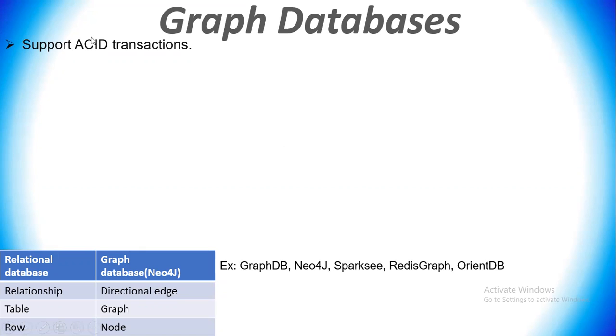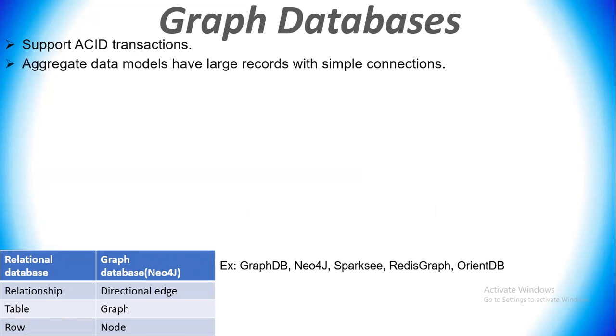ACID means atomic, consistent, isolated, durable. The transaction is not limited to a row, like in the aggregation model. It can extend up to the whole graph, right? So that is the meaning of that point.